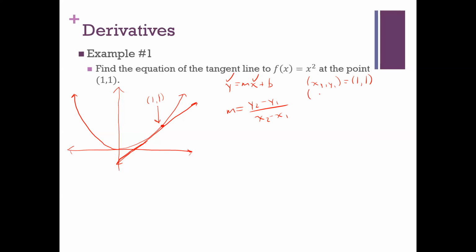I'm going to let this other point be completely generic, x2, y2. So it'll just be x, f of x. So if I try to find the slope like that, then here's what I get. Slope is equal to f of x minus f of 1 over x minus 1.